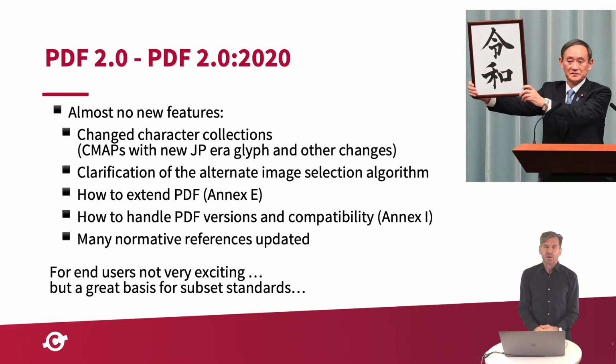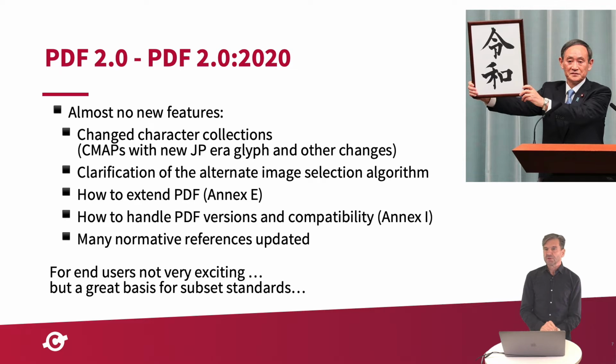It's only really details. The most important thing that I could think of is actually a new Japanese character that comes in via new CMaps. Character maps, and the Japanese have the habit to develop and publish a new character whenever there is a new emperor.